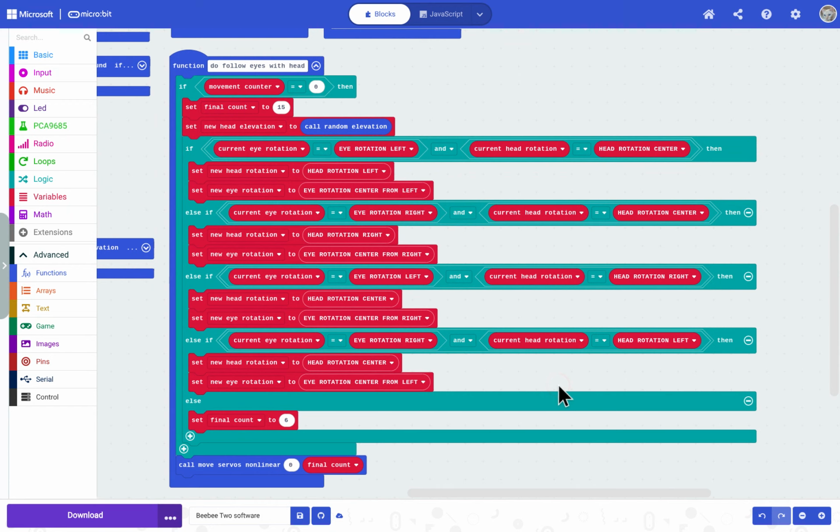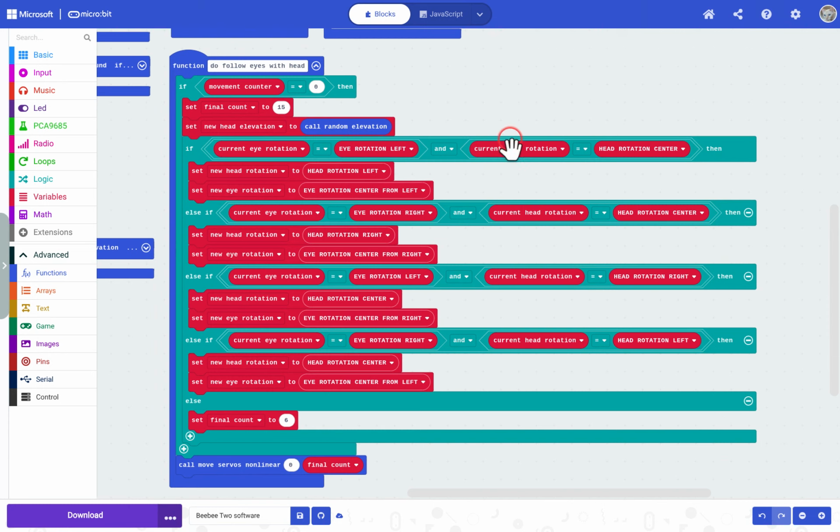So we could do a table lookup for this, but creating the table to do the lookup would probably be more difficult to look at than this. So I'm going to leave it as is. This isn't all that bad. What we're looking at is different combinations of eye rotation and head rotation.